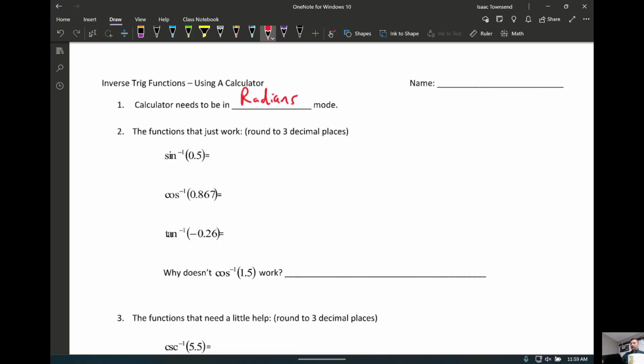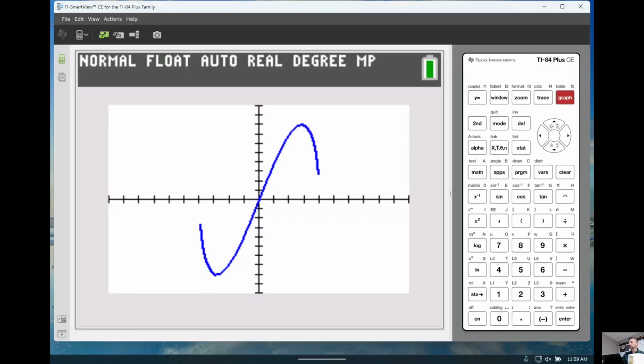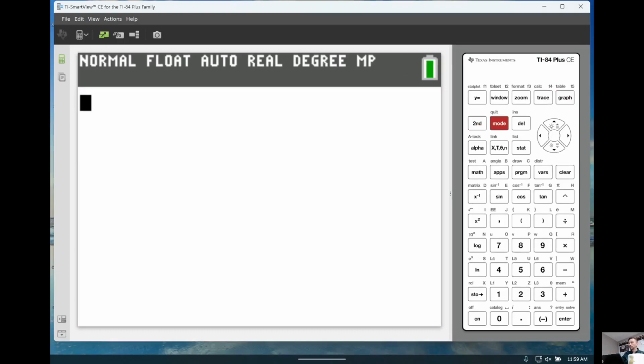If you look at the middle of your calculator, above sine, cosine, and tangent, you've got inverse sine, inverse cosine, and inverse tangent. You should have used those once or twice already this year for finding angles. We just didn't go in depth into inverse functions.